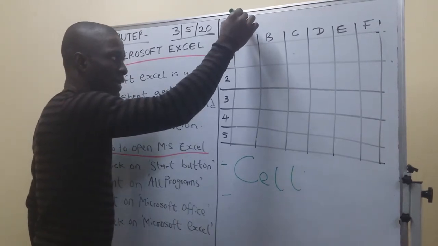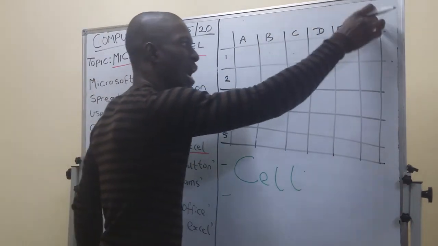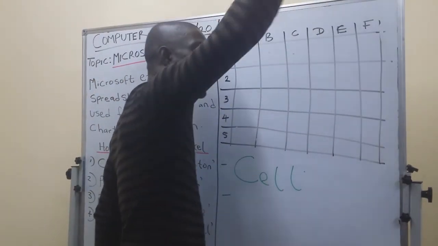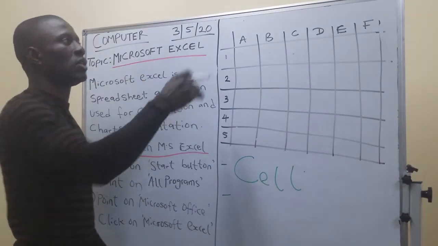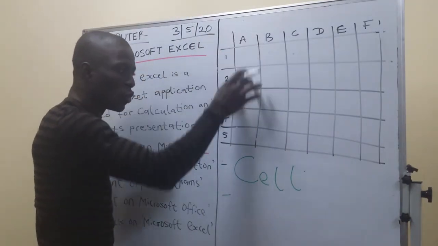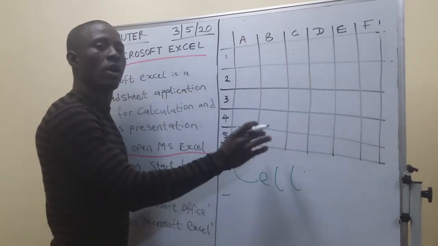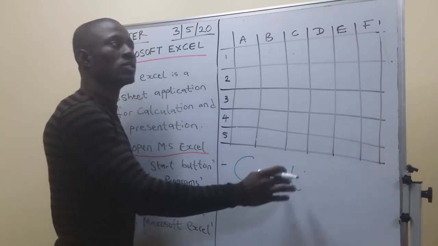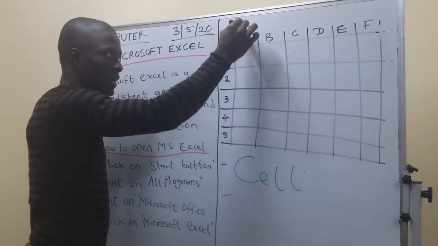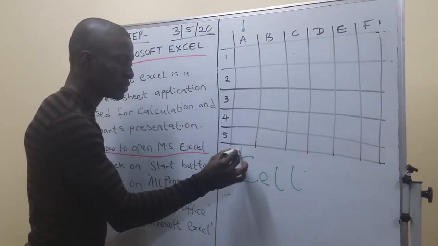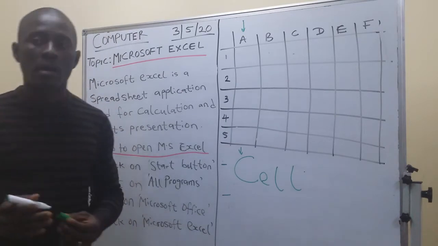Going this way, what is this A? What is this B, C, D, E, F, and all, H, I, J, K, to infinity? What are they? This single one is called column. B is called column. C is called column. D is called column.